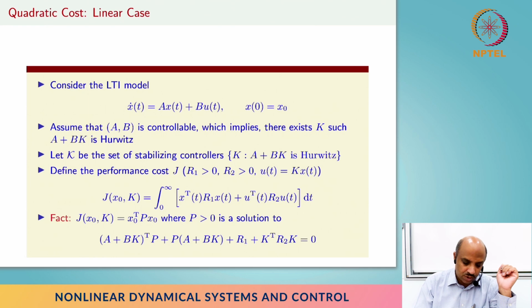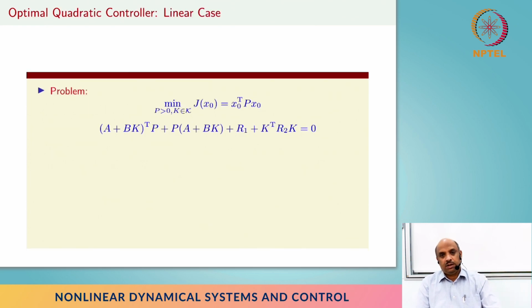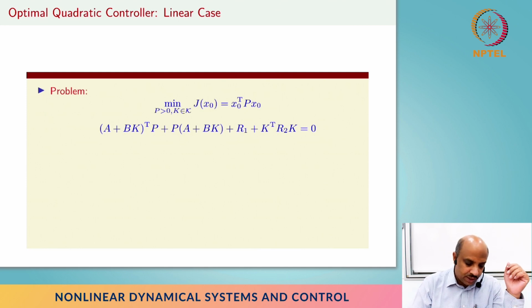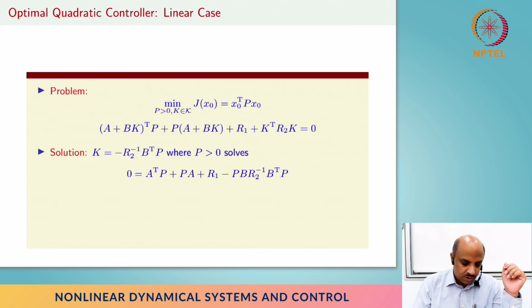Essentially it's a bilinear equation in P and K. If you recall, for finding stabilizing controllers we had a bilinear equation which we transformed into a joint equation, the corresponding dual equation, and we could rewrite that as a linear matrix inequality, and therefore solve the stabilization problem through that. Whereas in this particular case, we pose this as a constrained optimization problem, and there is nothing like Q of t or anything like that. There is no calculus of variations. This is actually straightforward classical optimization.